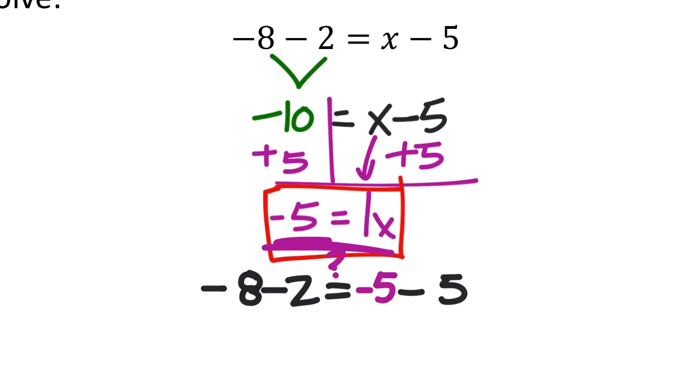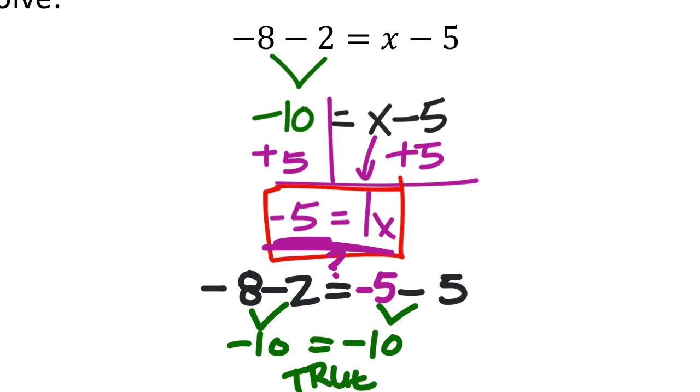And I just want to make sure that this is a true statement. So negative 8 minus 2, that's negative 10. It should equal these two together. Negative 5 minus 5 is also negative 10. So since that is true, this one checks off. So I know for sure that the answer x equals negative 5 is the solution to the original equation up here at the top.